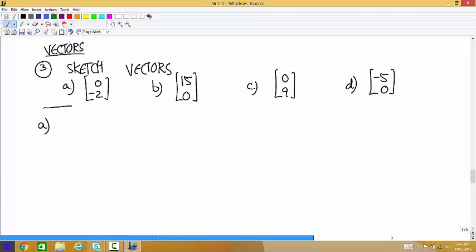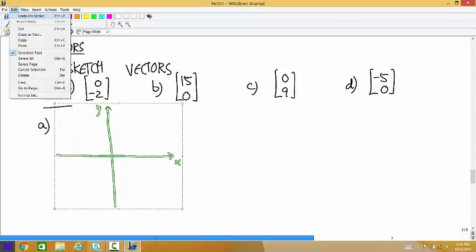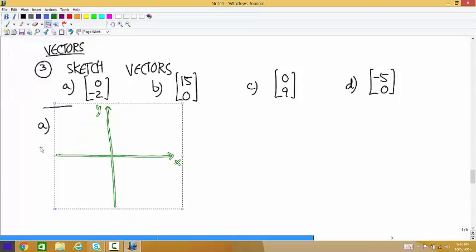So for A, if the coordinate system is this, to sketch the vector 0, -2, plot the point 0, -2.